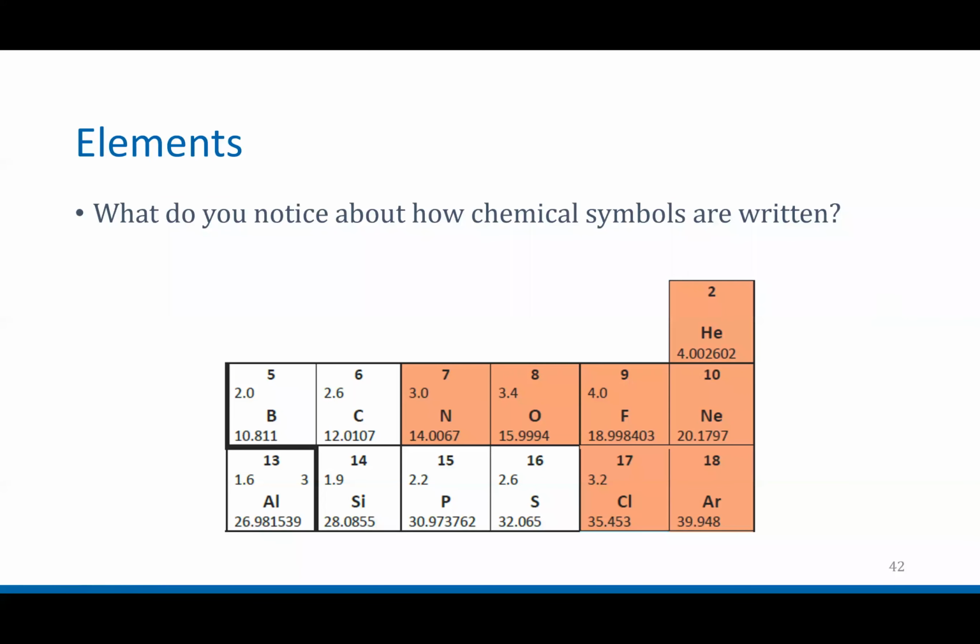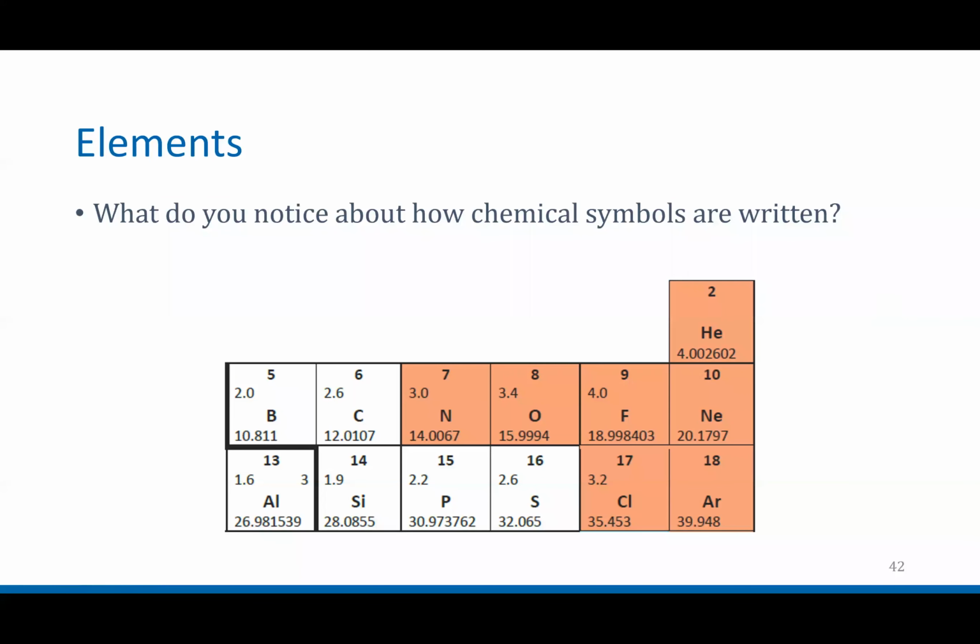All of these elements start with capital letters, and the second letter, if there is a second letter, not all of them have second letters, but the second letter is lowercase. And you might be thinking, well, who cares? Why does that matter if one is uppercase and one is lowercase?